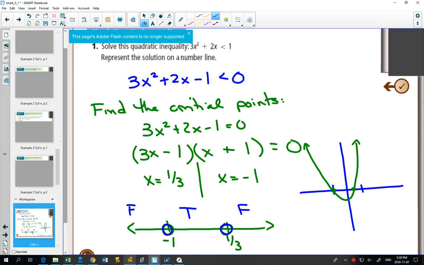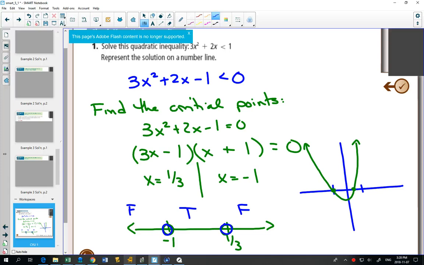Using a test point, you would have to plug in something between -1 and 1/3. I would choose 0. Still 4 minutes left. And so if I plug in 0, can you see that you get -1? Is -1 less than 0? Yes, that's why that section is true.